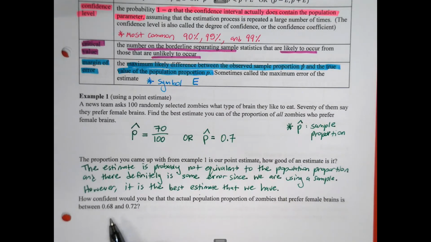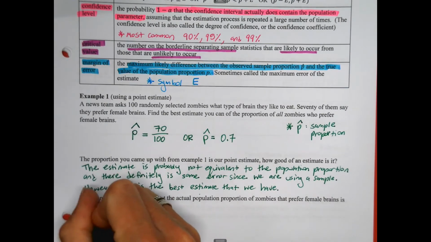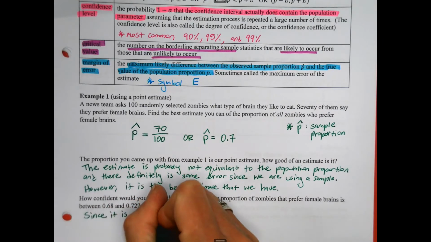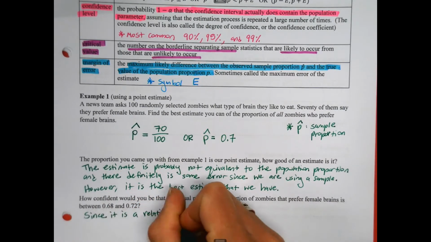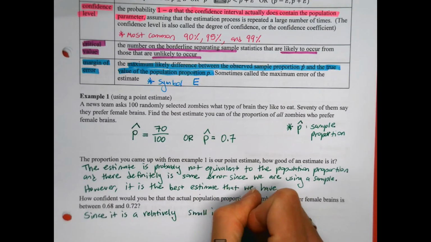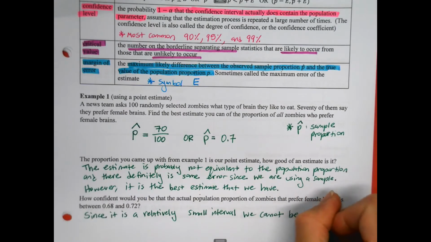However, small intervals are going to make us less confident. Larger intervals are going to make us more confident. We could say, since it is a relatively small interval, we cannot be highly confident.